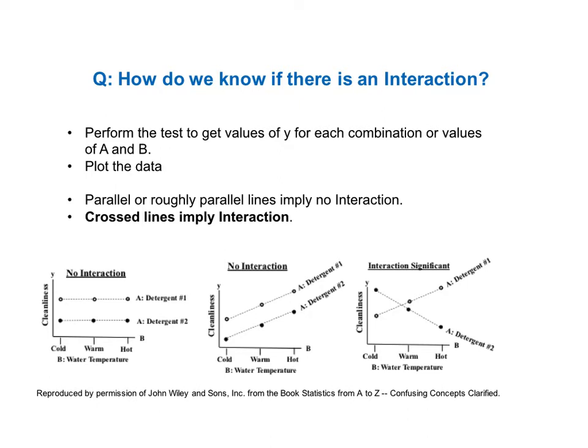However, in the right diagram, we see that the two detergents are affected differently by changes in water temperature. Hotter water makes detergent number 1 perform better, but it makes detergent number 2 perform worse. The lines cross, so we have an interaction between the factors A and B.